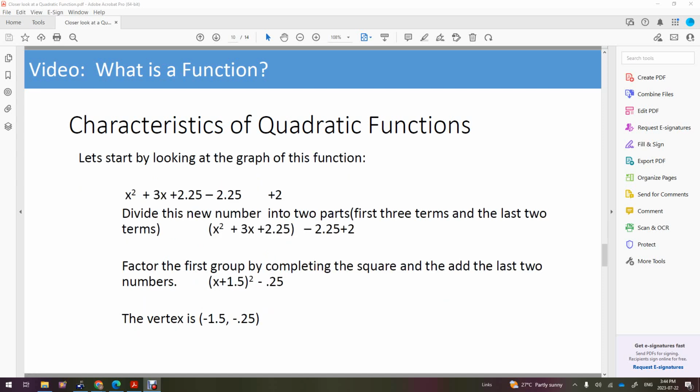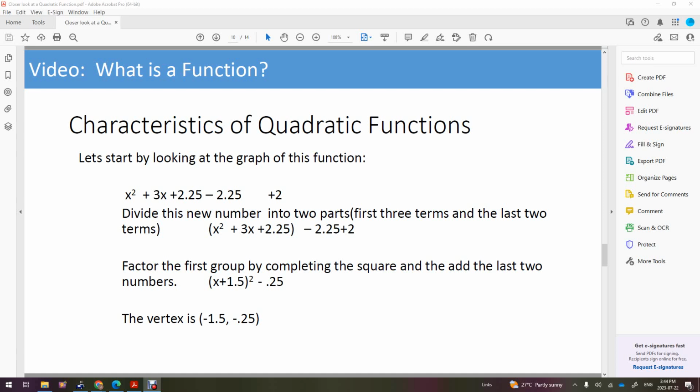Once I've done that, I take the first 3 terms and put them inside brackets: x squared plus 3x plus 2.25. Then the remaining 2 numbers I put together outside the bracket. So I factor the first group, completing the square, and add the last 2 numbers.